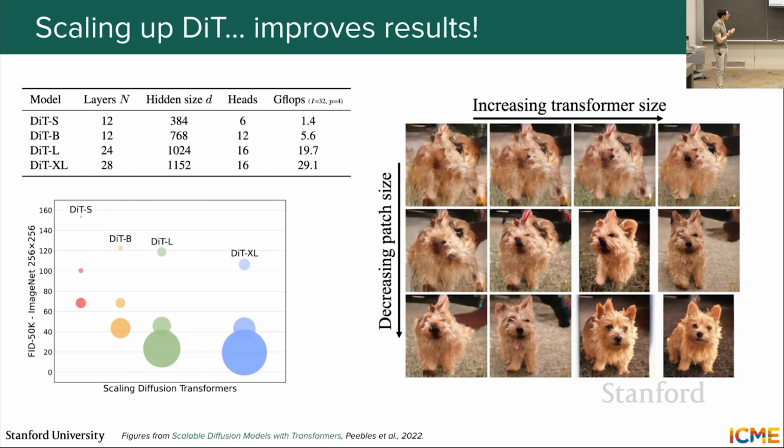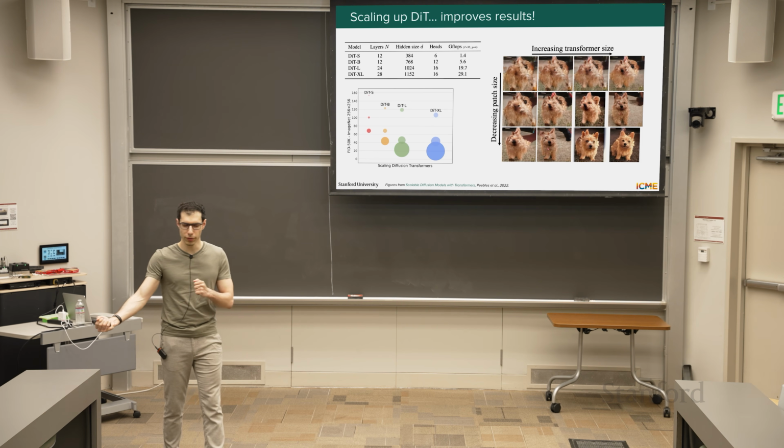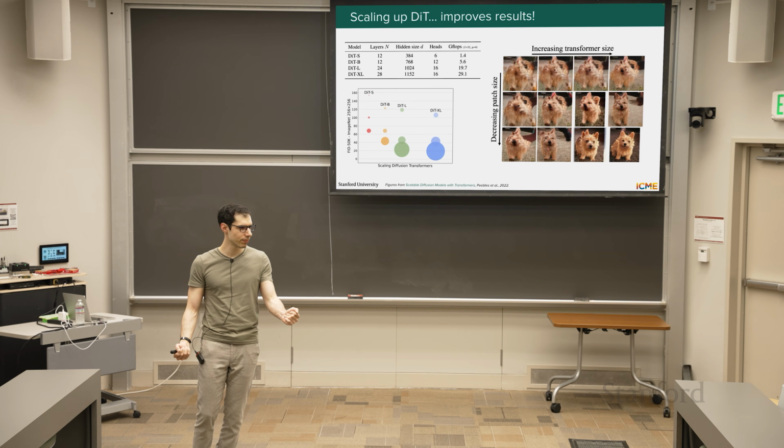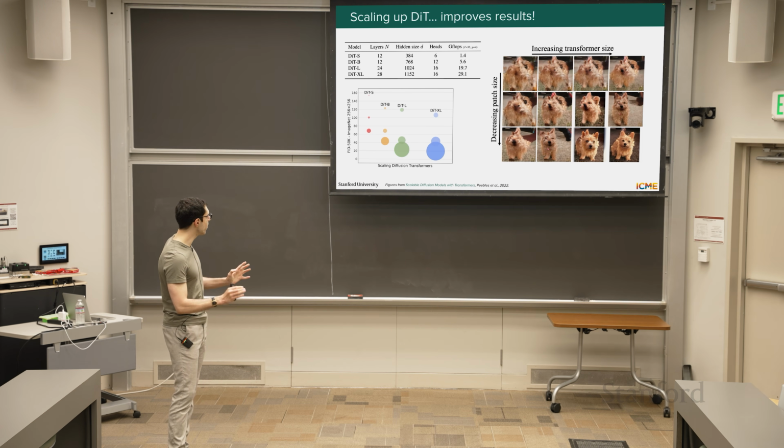So they see that if they scale the transformer size, they get better results, but not great. Now, if they only scale the patch size, they get better results, but not great. But if they scale both the transformer size and the patch size, then they get amazing results.